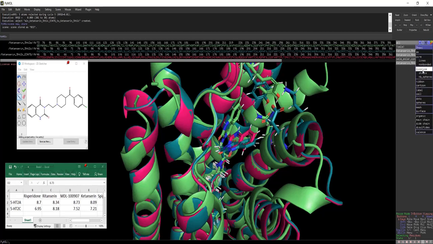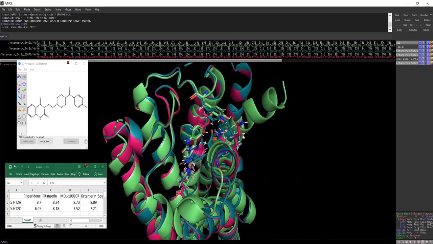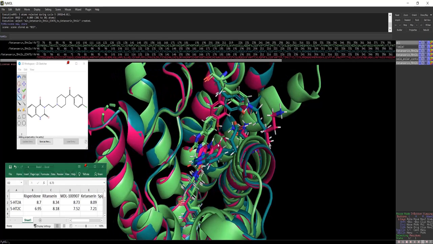What's interesting to see is instead of that tyrosine shifting backwards, it instead shifts forwards and interacts directly with the nitrogen in the ring here. And as would be expected, though, the lysine and the asparagine over here, if I can get it to show, have shifted all to the right since they're no longer being held by that glutamic acid.